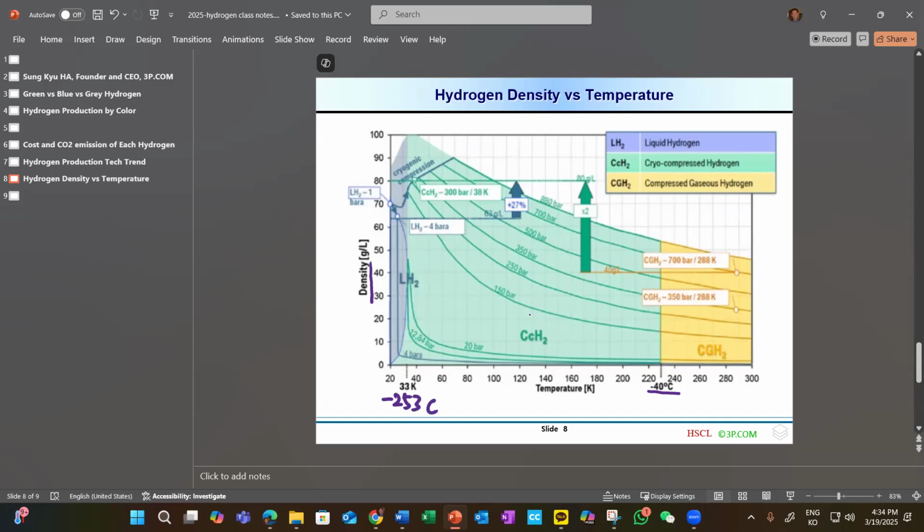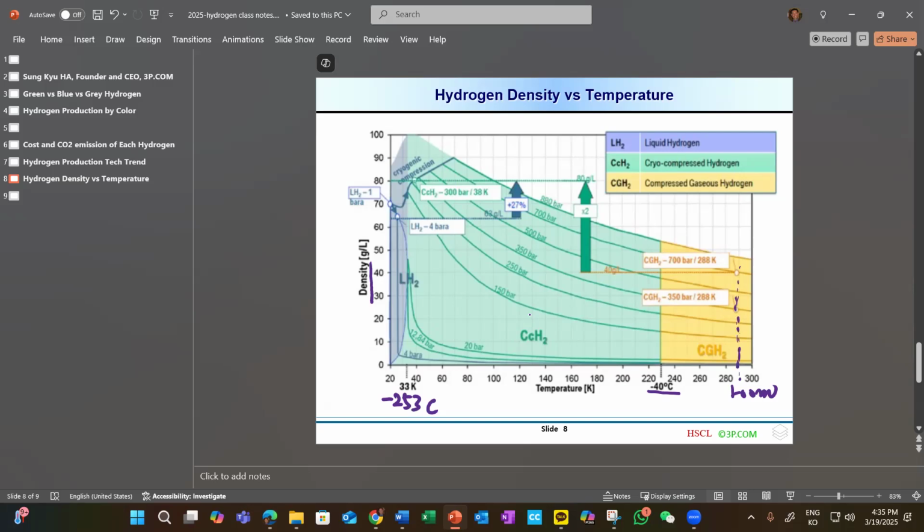About here, I would say, is room temperature. But as you can see, even at room temperature, the density can increase.